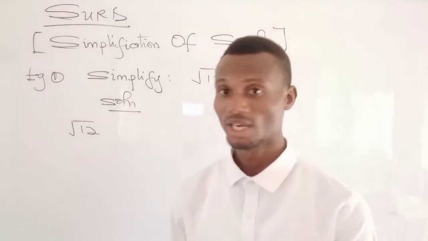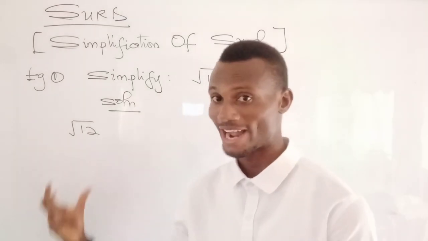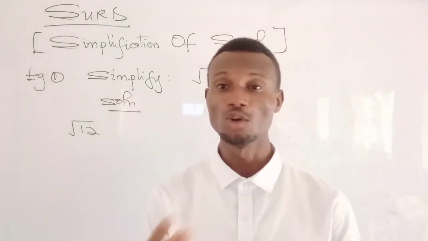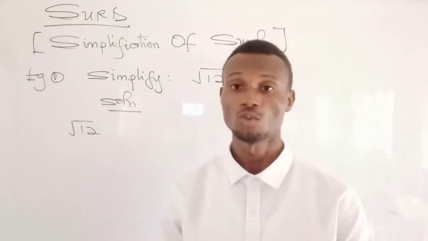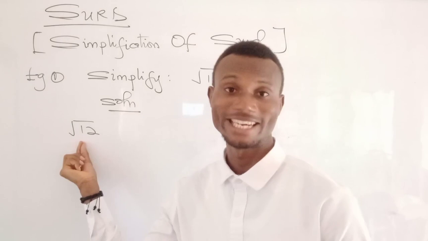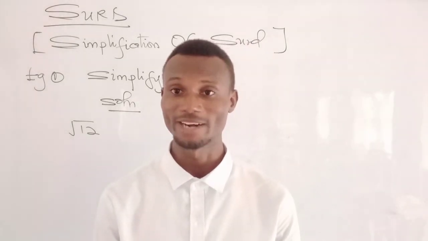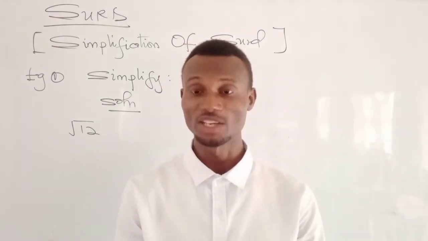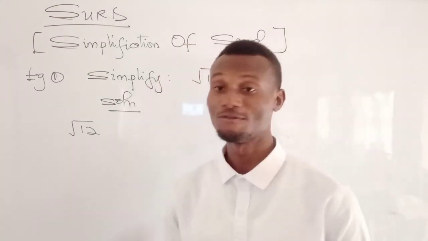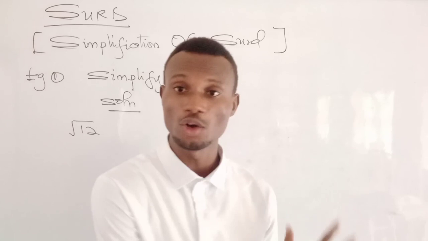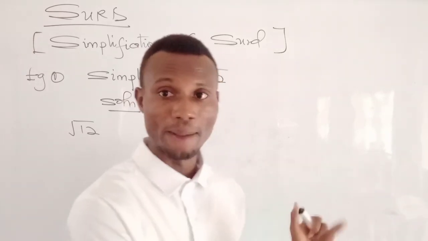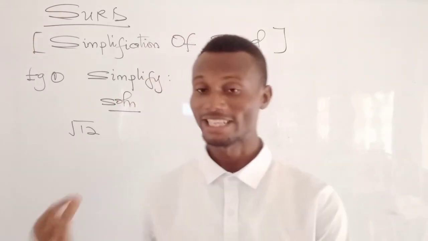I'm showing you the process to simplify this one. Let's write all the possible pairs of numbers that can multiply to give us the 12 back.